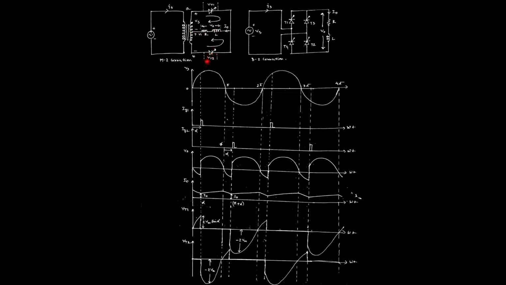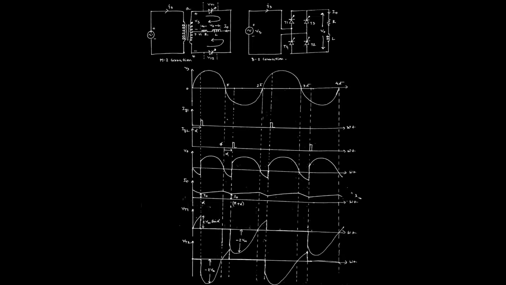Similarly, when thyristor T2 is fired for the negative half cycle, again the polarity of the load voltage will be positive and negative in the same way, and the current flows in the same direction, that is, right hand side to left hand side across the load.